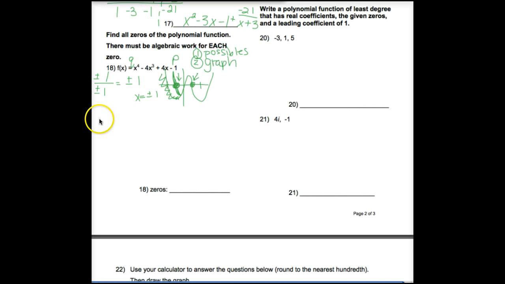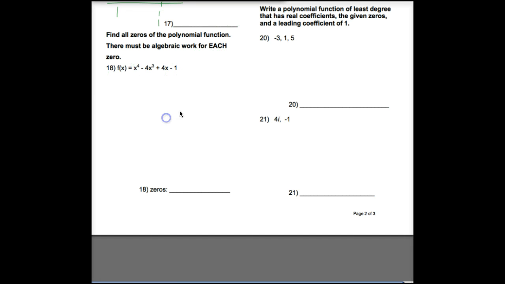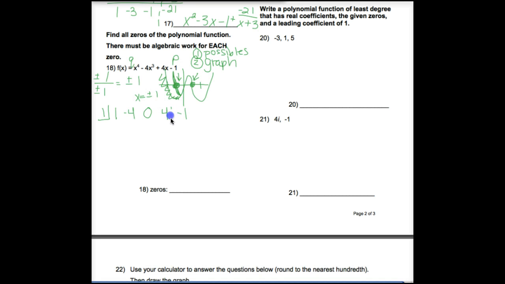What I do with those options is put them in the synthetic division. It doesn't matter which one you take first, whichever one you want. So let's say I start with the 1. Set up synthetic division. Here are my coefficients: 1x to the 4th, negative 4x cubed, 0x squared, 4x, negative 1.